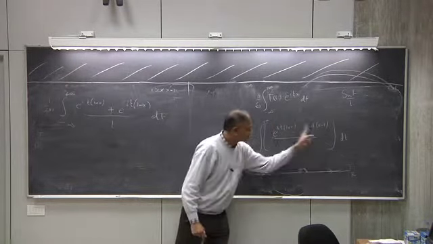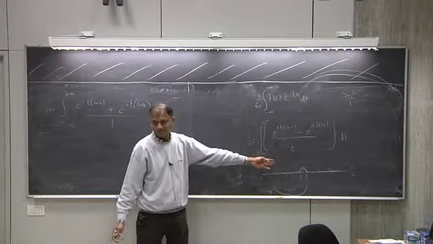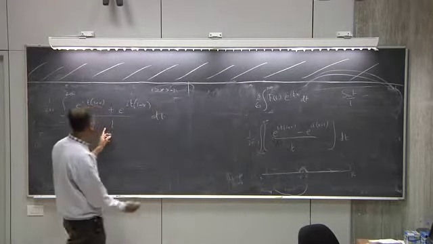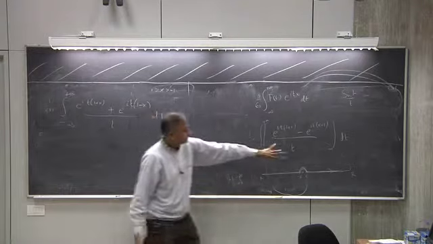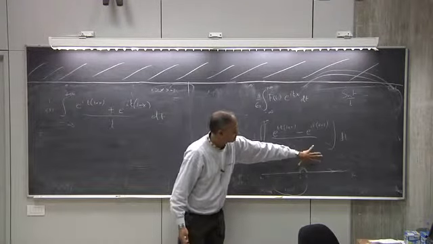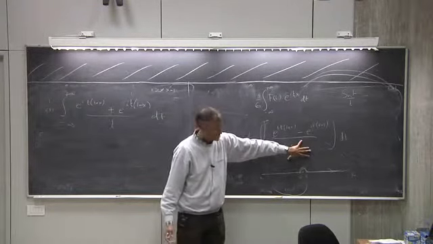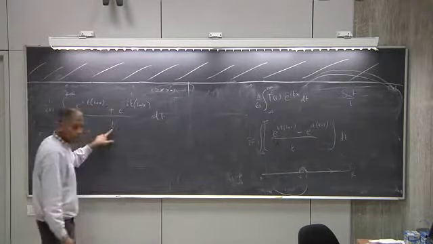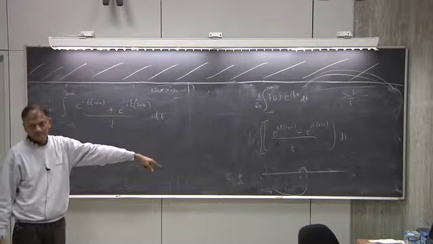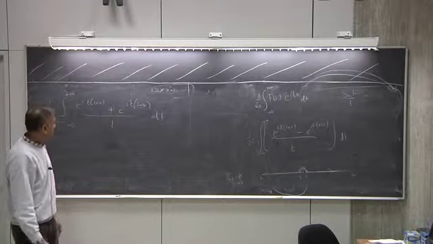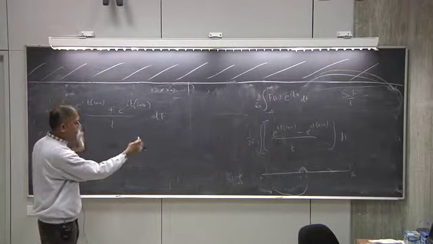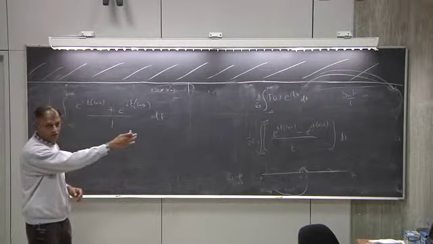The integral of this whole thing, of course, is 0 because it has no pole. If you look at this integrand, inside this half disk there is no pole. The only pole is at t equal to 0, but t equal to 0 is not included there. So the total answer is 0 if you integrate over the full contour.